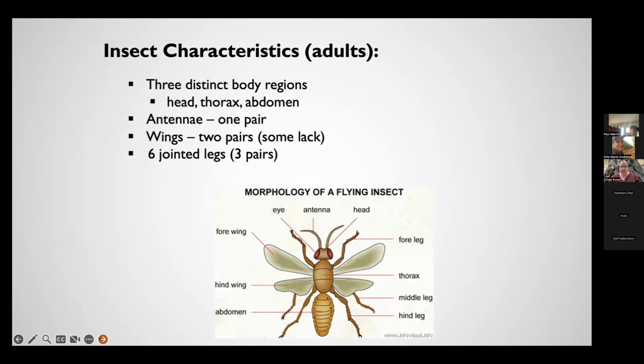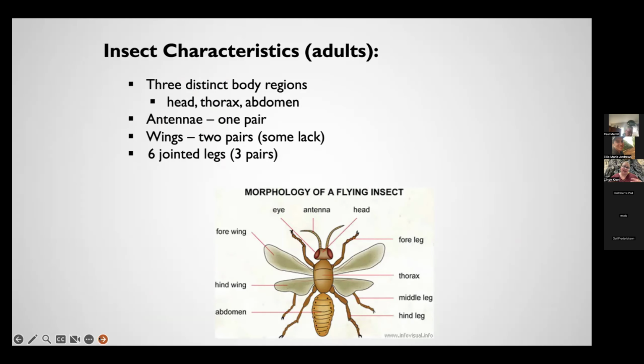Insects have one pair of antennae, and we have wings, two pairs. Some lack wings, which is again an exception. There are some insects, say female mealybugs, that do not have wings. The male mealybugs have wings.